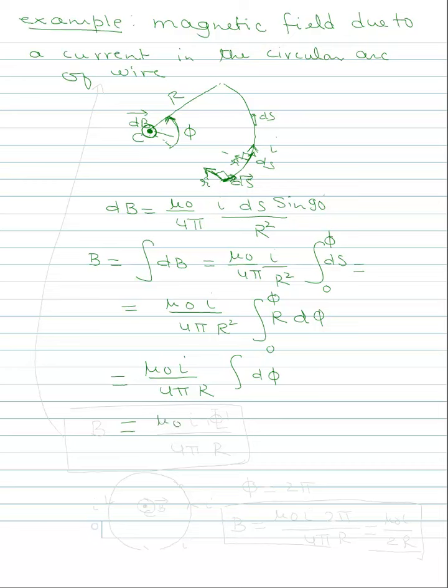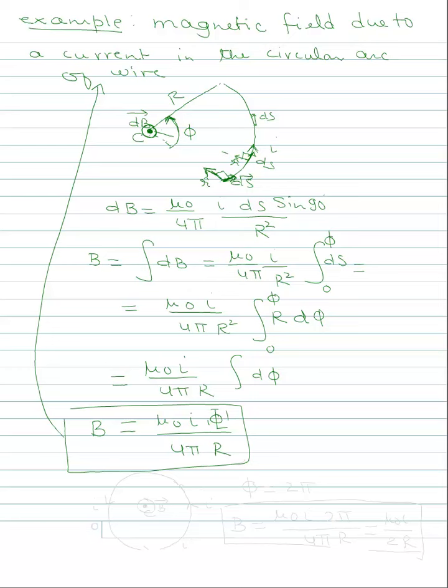So the answer turns out to be mu 0 I phi over 4 pi r. This is the magnitude of magnetic field due to a current in a circular arc of wire where the total angle is phi in radians.